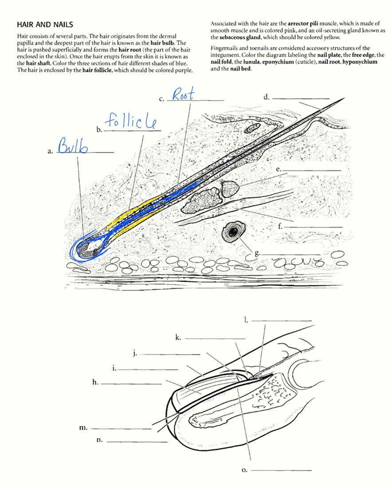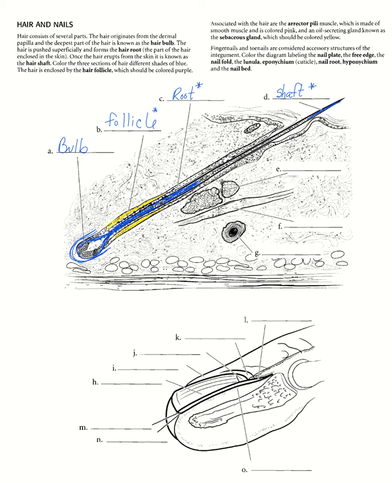Okay, and so, by the way, I made a comment there about dermis. Okay, and so the root, your hair is considered the root if it's enclosed within the skin. As soon as the hair emerges from the skin, it's then referred to as the shaft.